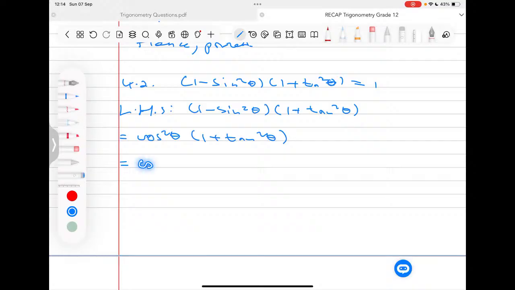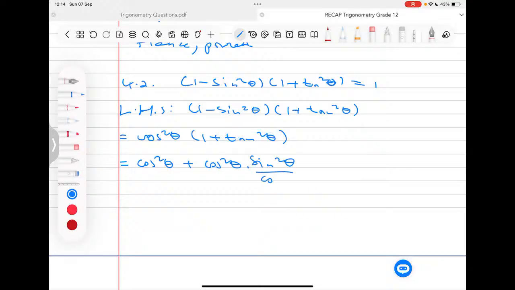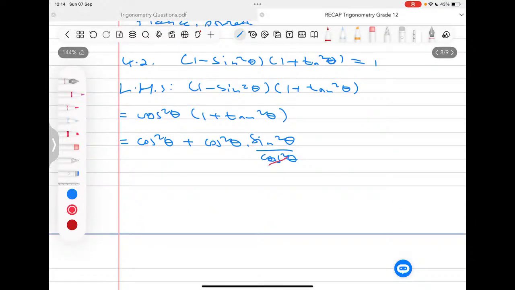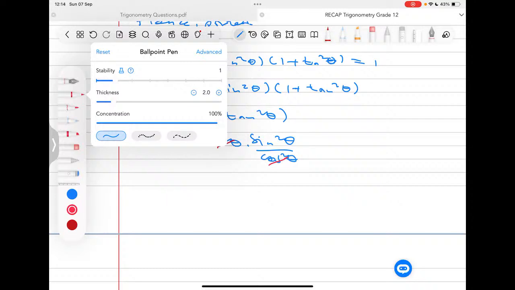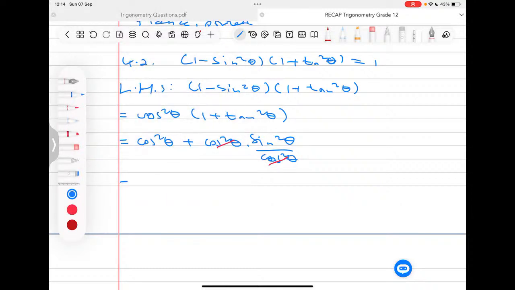So this would mean I'm going to have here my cos squared theta, and here plus cos squared theta, but I'm going to change this guy into sine squared theta over cos squared theta, so that now the cos and the cos cancel each other out, and I'm going to have cos squared theta plus sine squared theta, and this is equal to 1.